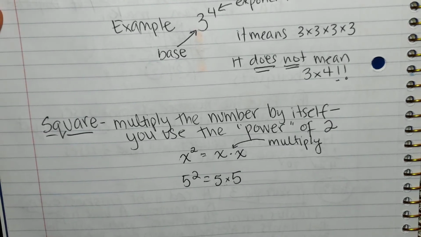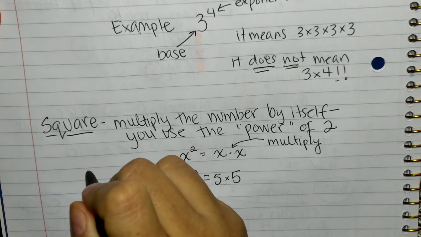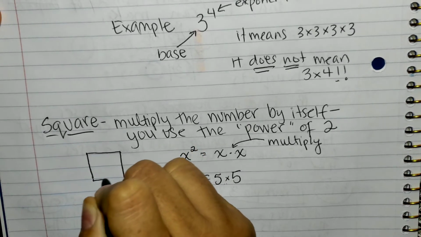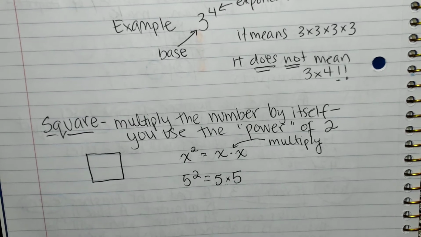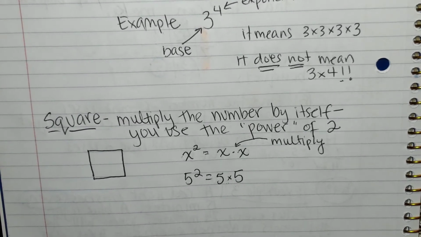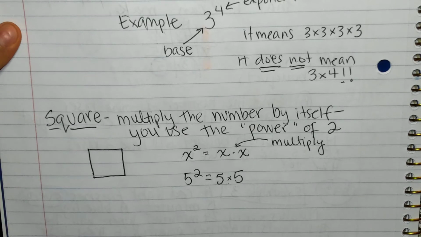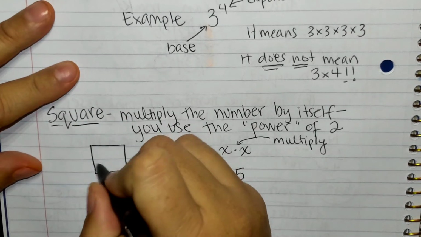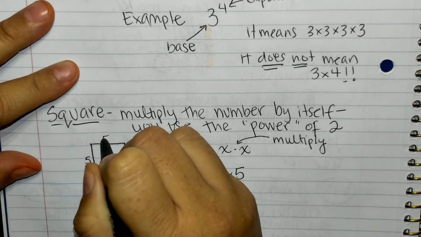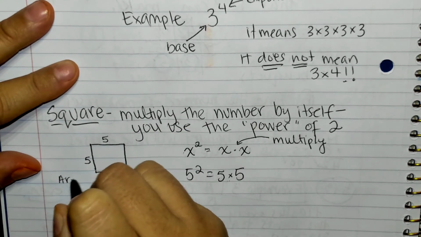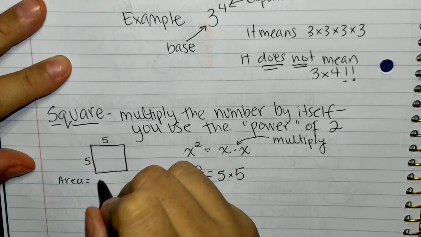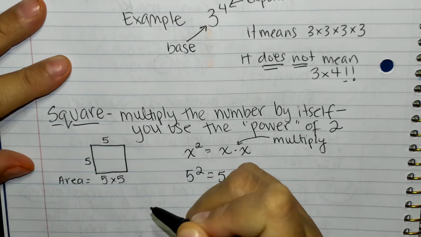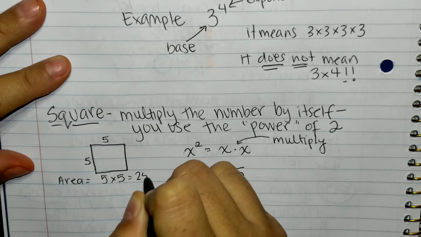The word square comes from an actual square. Because we know that a square has all sides that are the same, in order to find the area, it's going to be 5 times 5, which gives us 25.